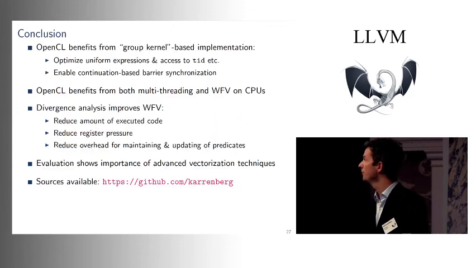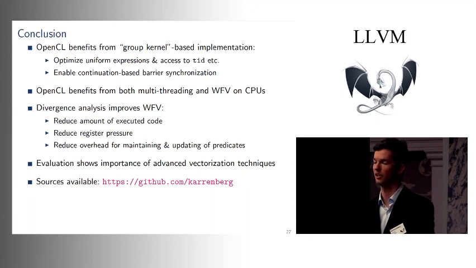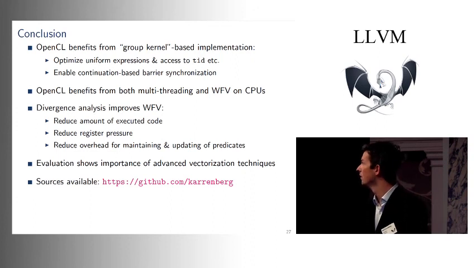So, small summary. OpenCL benefits from our group kernel-based implementation, so we can optimize uniform expressions and the accesses to get global ID and that stuff. That also enables our continuation-based synchronization scheme. OpenCL benefits a lot from multi-threading, of course, and from the SIMD vectorization stuff, but not if you do it naively, or not always if you do it naively.